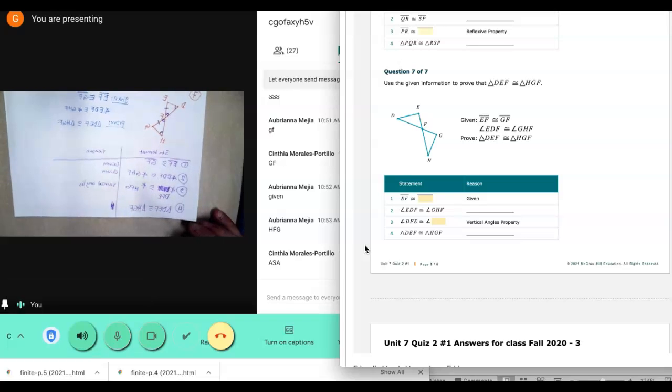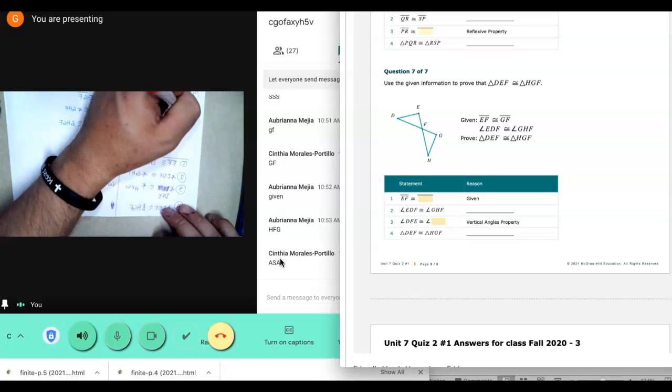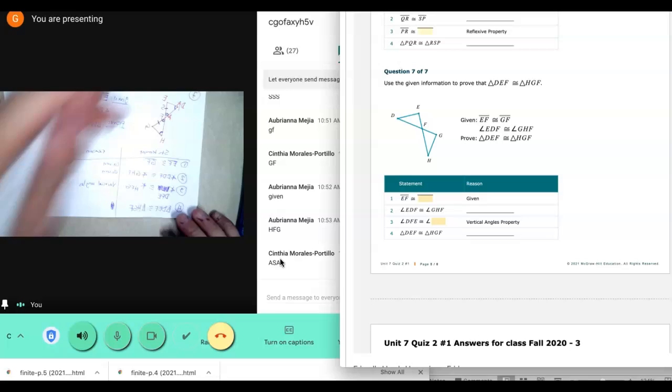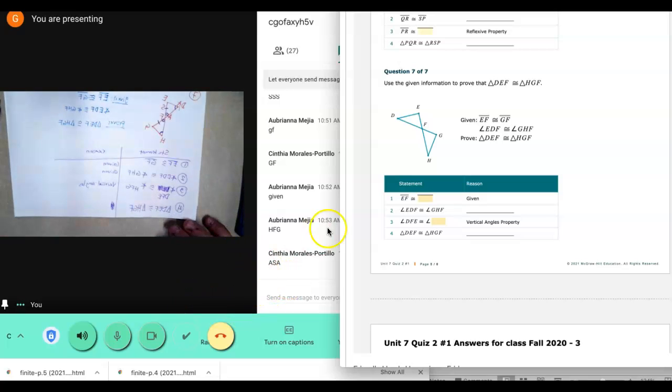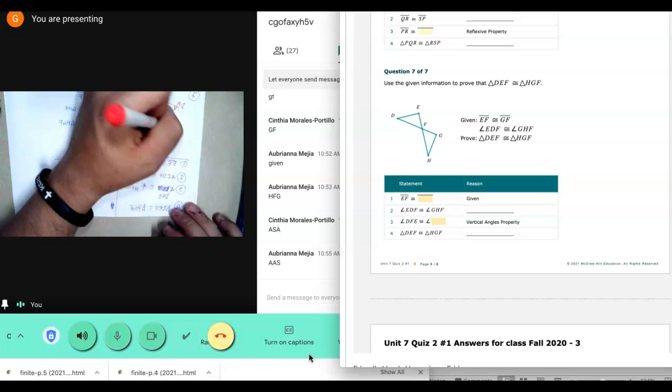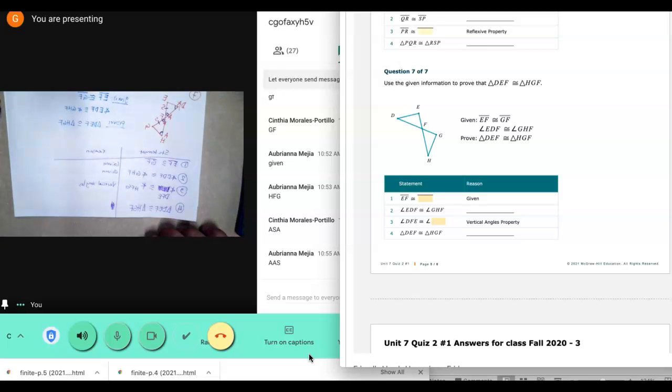I see you put angle side angle here, Cynthia. Well, let's double check that. There's definitely an angle here, and another angle here, and a side there. You're close because angle side angle has 2 angles and a side, but this one actually does have to be angle angle side. There's a difference, right?